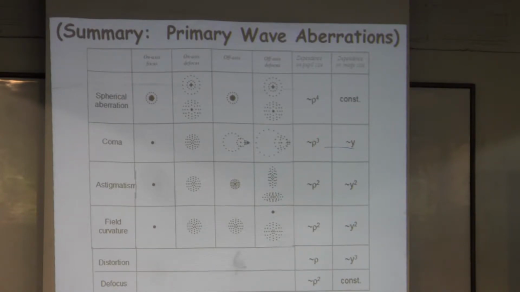Meaning, that goes back to my example of watching the stoplight at night. So if you're at night, your pupil gets twice as big. Then you have 2 to the third power, so the coma will be 8 times larger than what you would have during daytime.